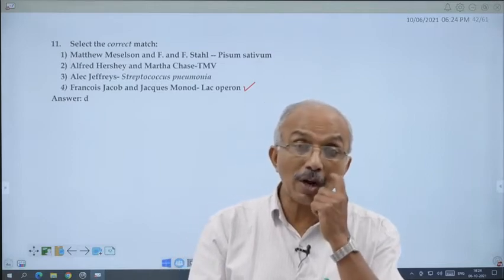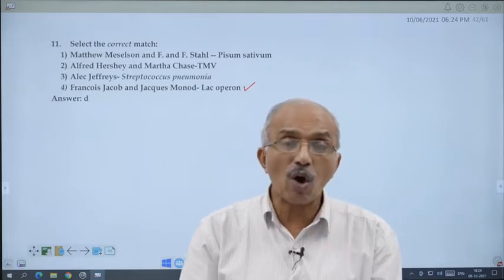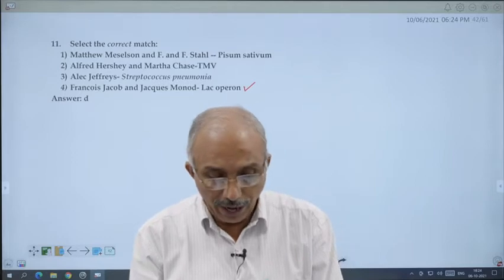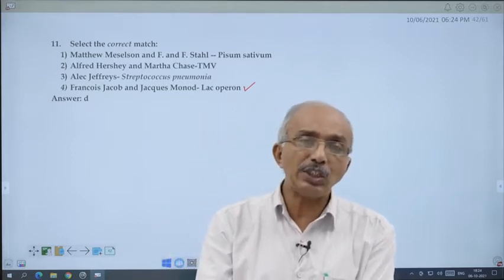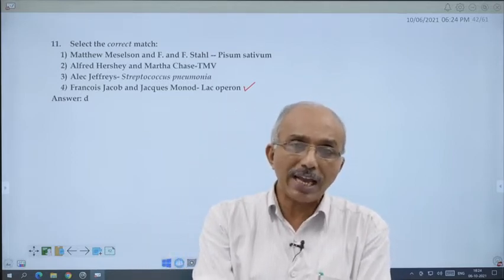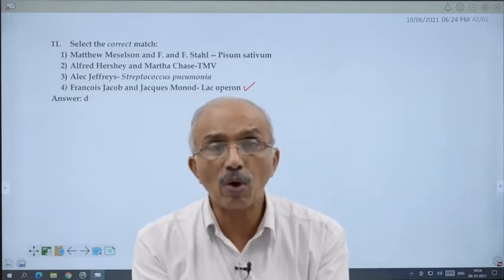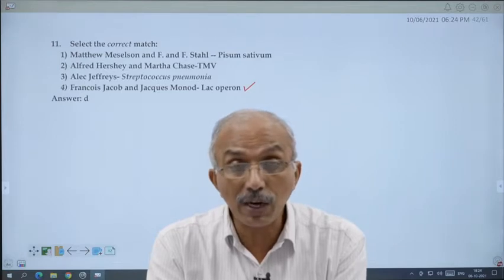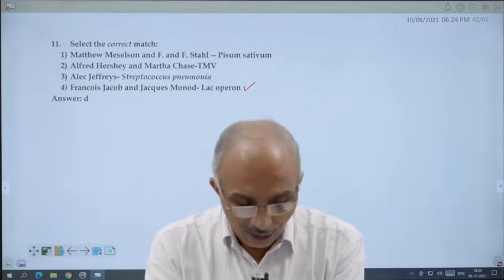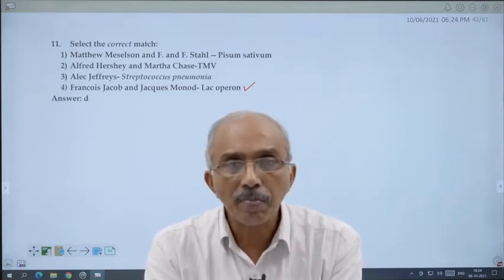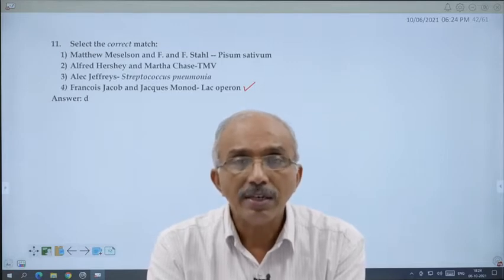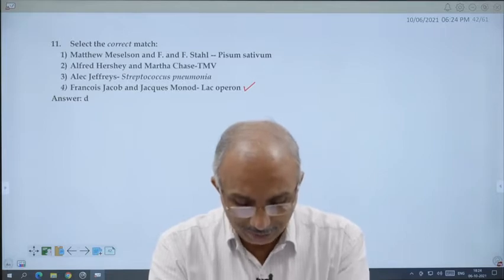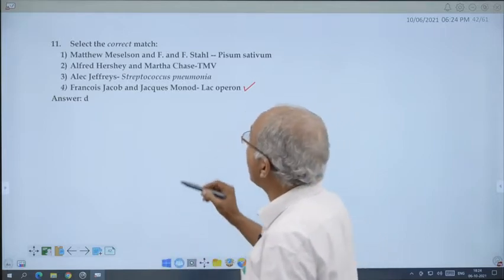The first operon discovered was the lac operon, by Francois Jacob and Jacques Monod, in E. coli. What is wrong in that?